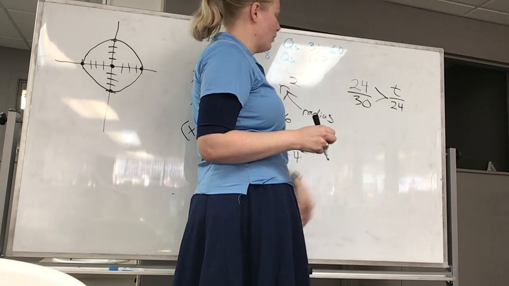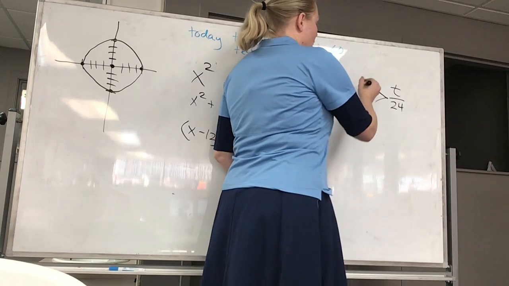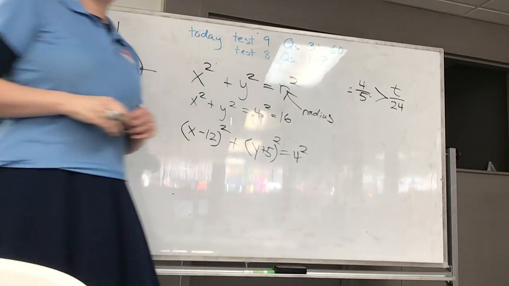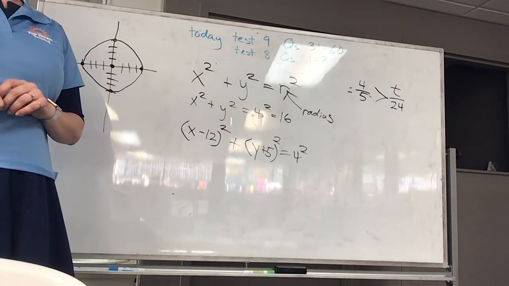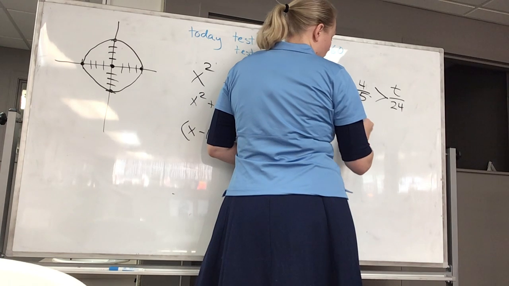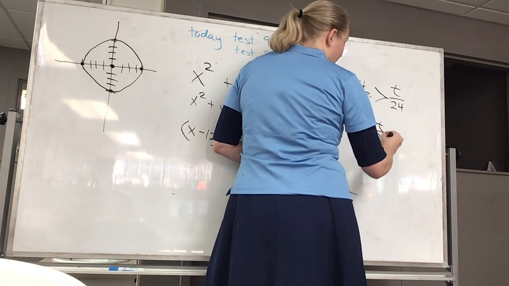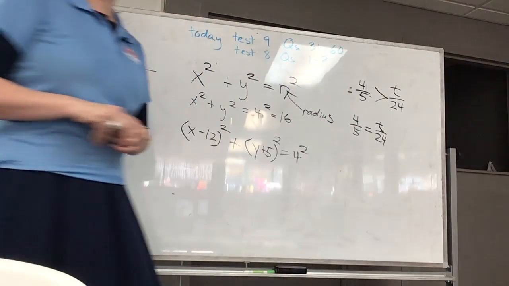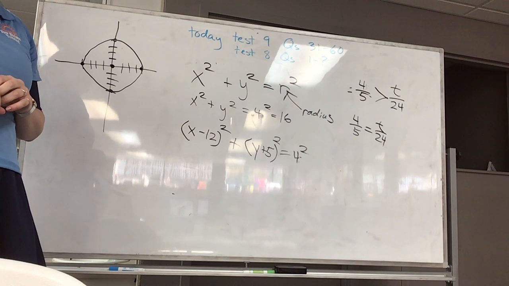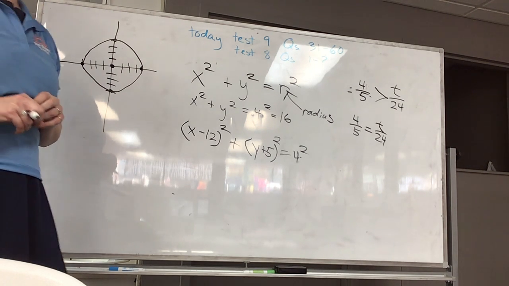If we have 24 over 30, it would be 4/5. And so that is a little bit easier to deal with the numbers. You can solve the equivalent fraction. And so you'll have 24 times 4 is 96, I want to say.